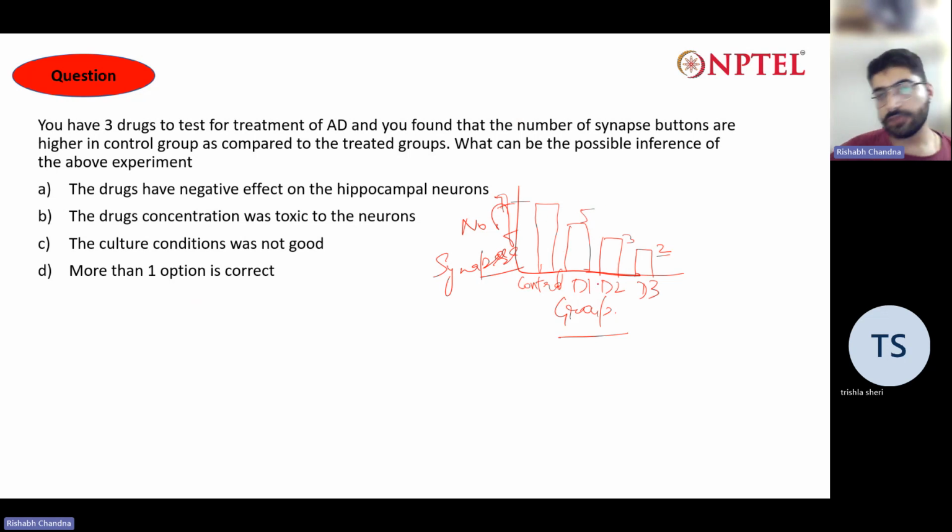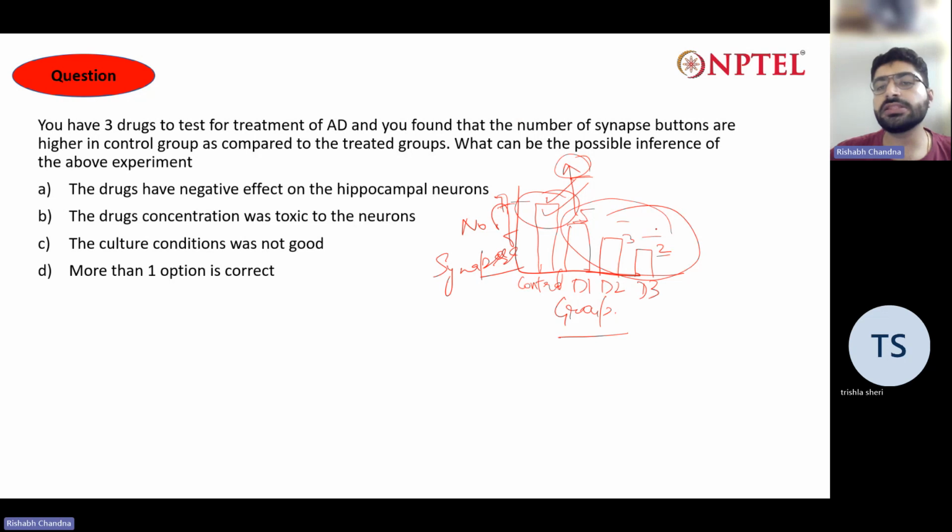So what will happen in this case? These three will be significantly down-regulated as compared to the control. But in case of Alzheimer's disease, if we have to use a drug, the drug-tested groups must have a higher synapse number as compared to the control group.